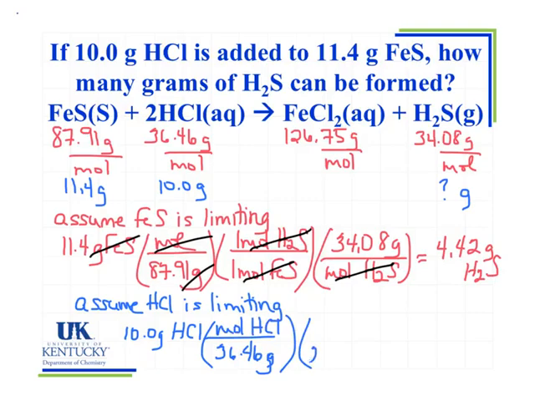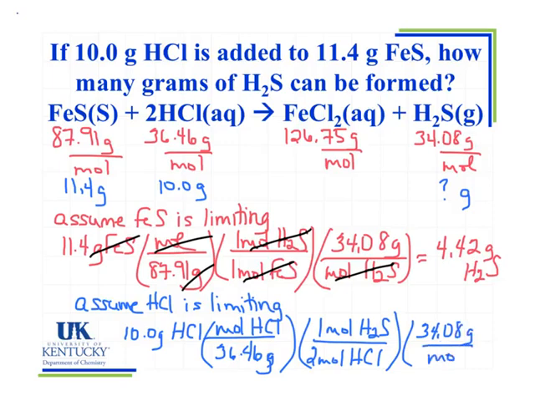In this case, I'm going to have 2 moles of HCl for every 1 mole of H2S. And then again I use my molar mass of H2S, 34.08 grams per mole of H2S. And now I'm going to be able to calculate the amount of H2S that could be produced if HCl is my limiting reagent. And what I find is that it's 4.67 grams of H2S.